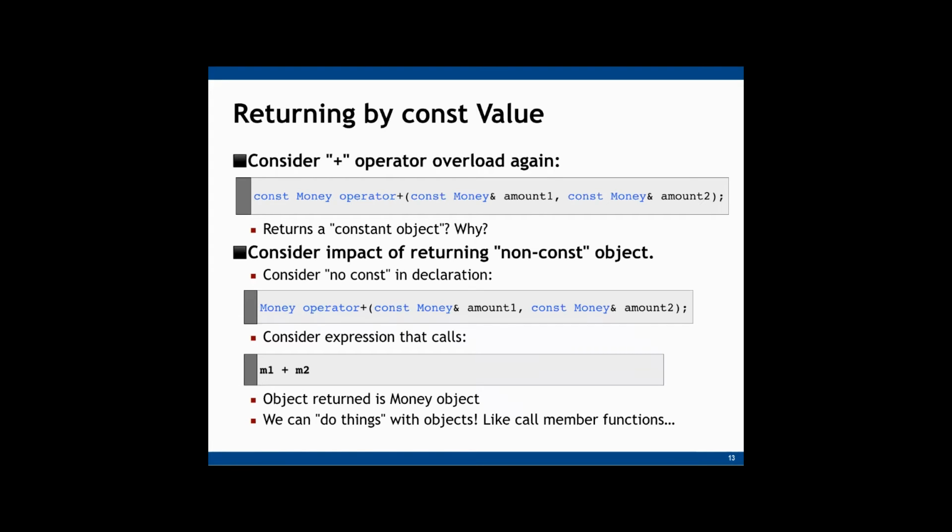There is one more thing I would like to talk about in the previous example of overloading the plus operator. It returns a const value. Why does it return a const value? Think about it. This is the declaration of the overloaded plus operator.